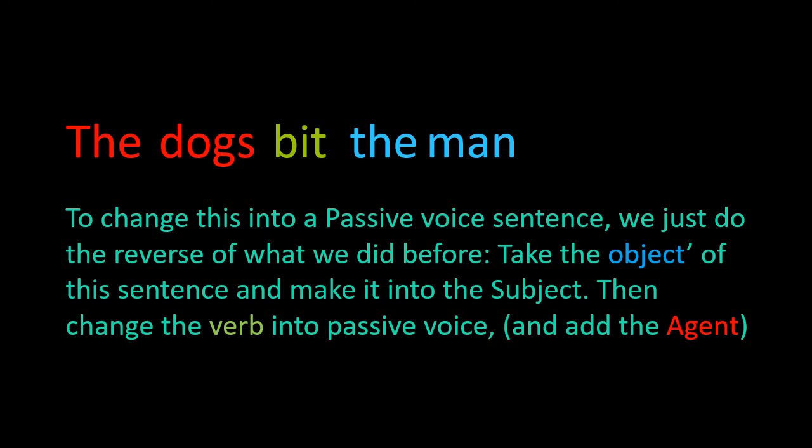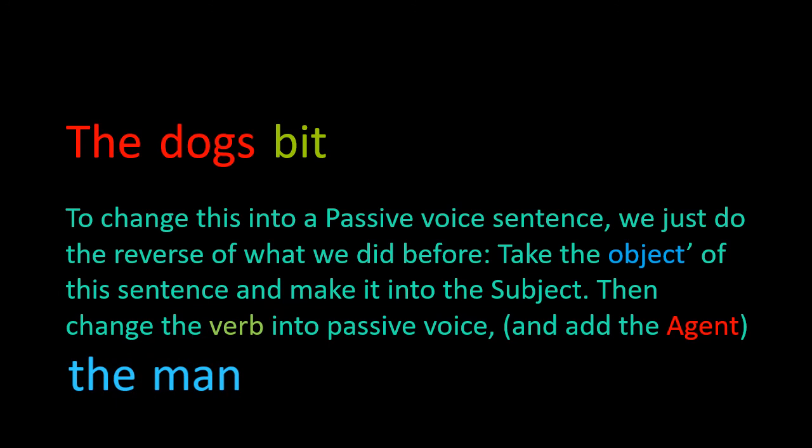And just like before, to change this into a passive voice sentence, we just do the reverse of what we did before. We take the object, the man, in this sentence, and we make it into the subject of our passive sentence. So we put that at the beginning. Then we change the verb, bit, which is past tense, into the passive verb, passive voice.